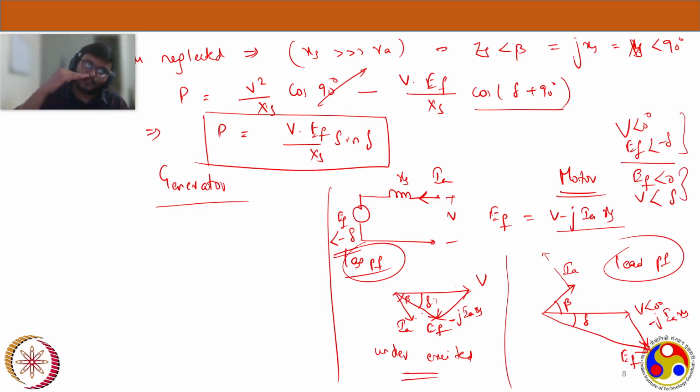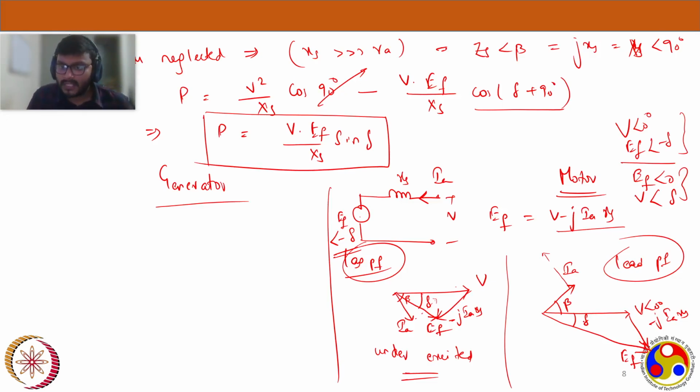If your excitation voltage is the reference, we know that in motor condition EF will always be below V. If EF itself is at 0, V would be somewhere above it. That's why V will be at delta. Anything is fine, but the important point is that EF will always be below V in motor condition. We will see for generator, then you can get a clear differentiation.